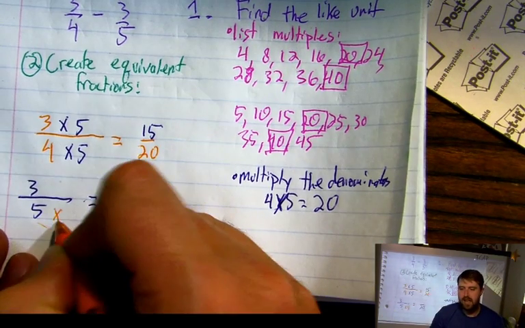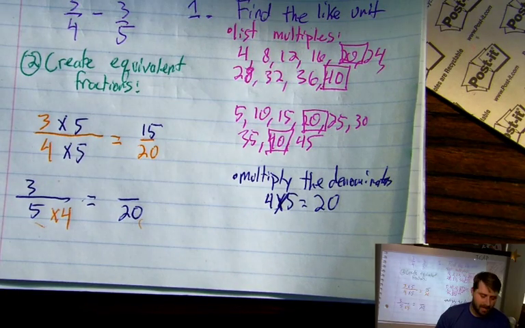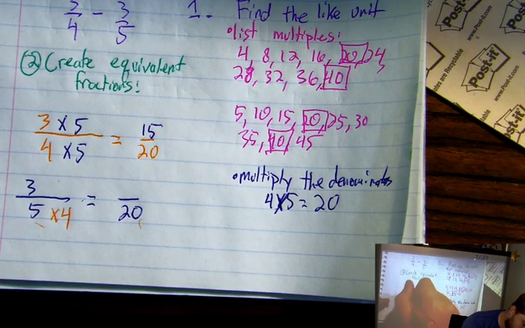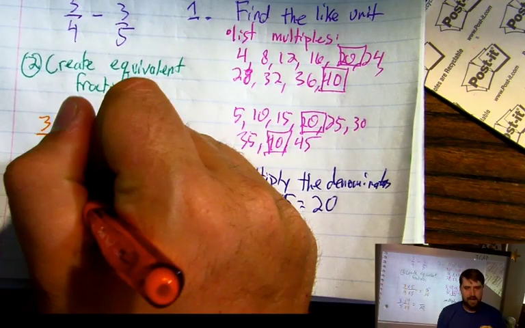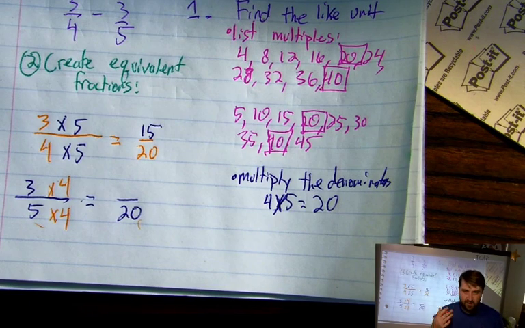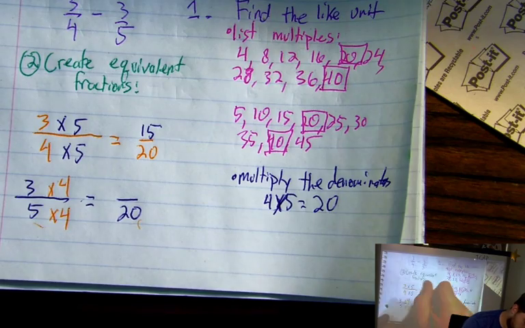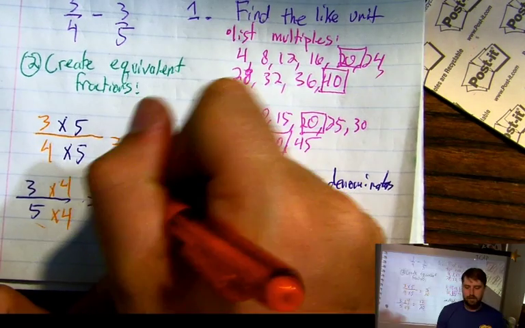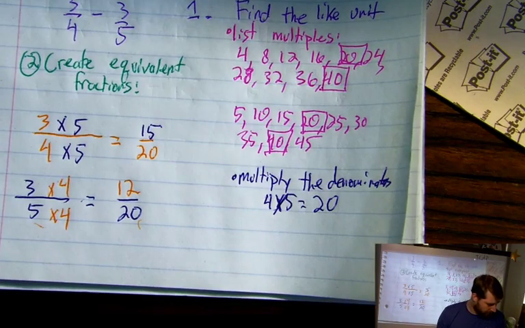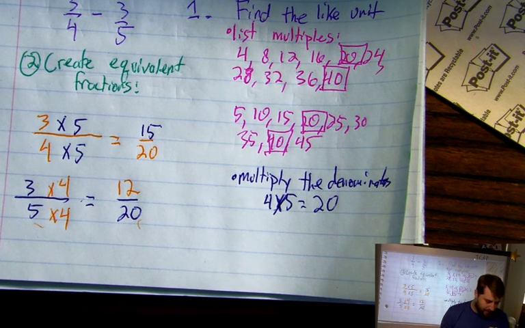Absolutely, 5 times 4 is 20. And then we know we need to put a 4 up top because that means we're multiplying 3/5 times 1, because 4/4 is 1. Then 3 times 4 is 12. We have now created two equivalent fractions. We have 15/20ths, and we have 12/20ths.